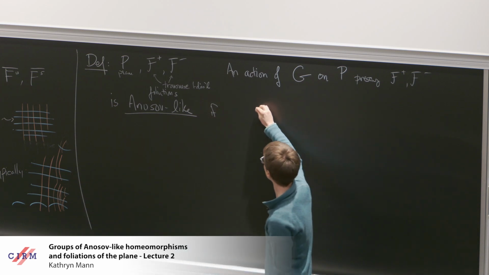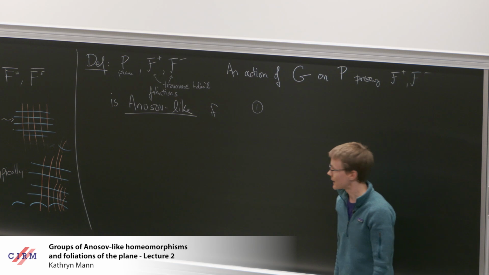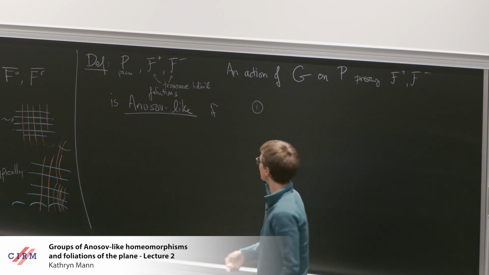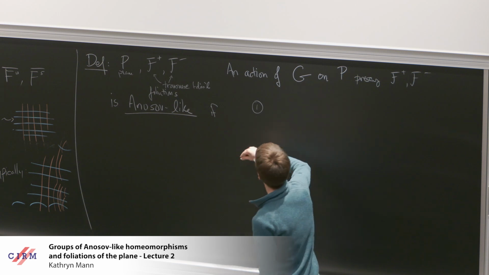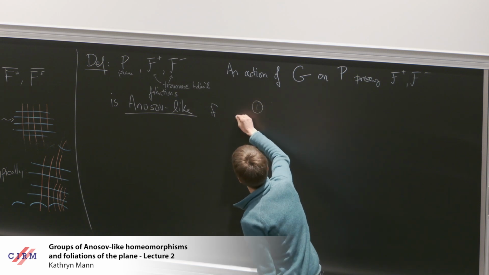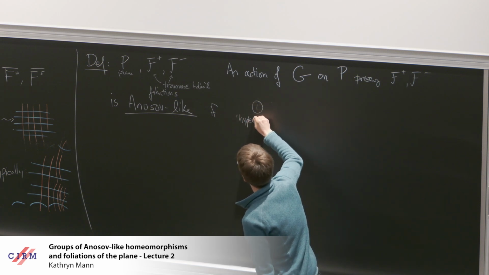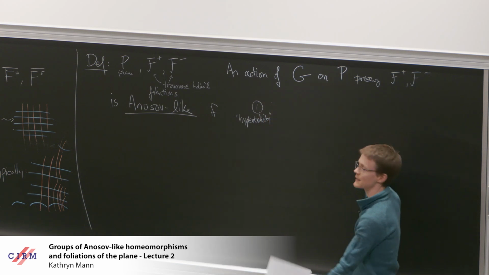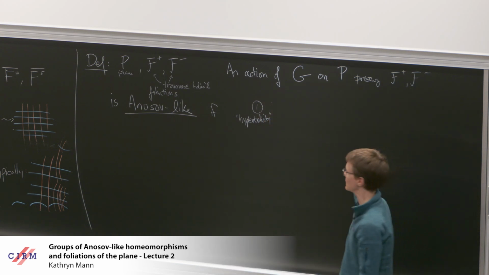Okay. So first is a kind of hyperbolicity, maybe in a local sense. So I call this hyperbolicity. You have some hyperbolicity, which means expansion, contraction in transverse directions, roughly.